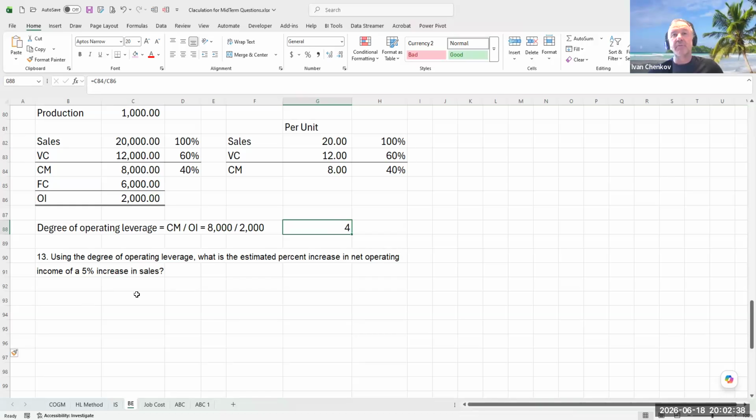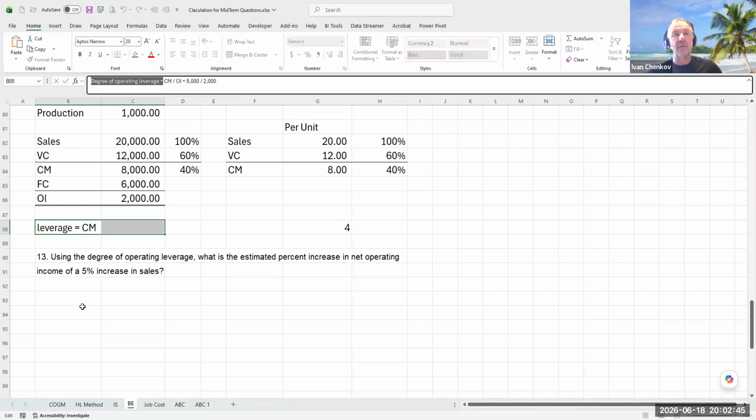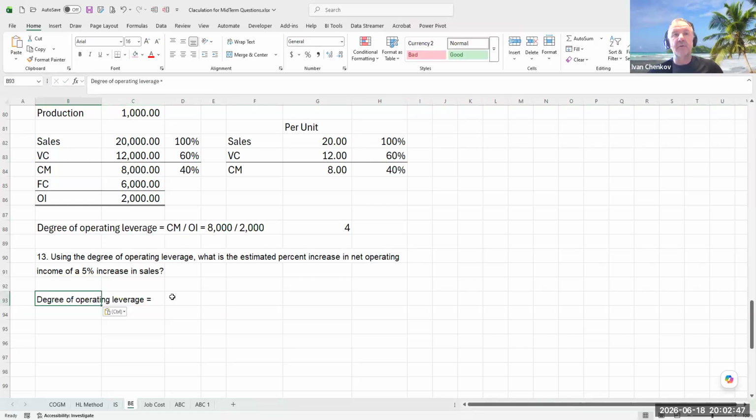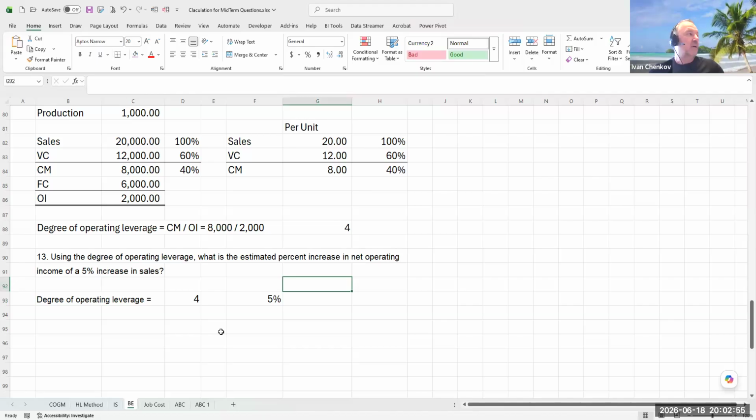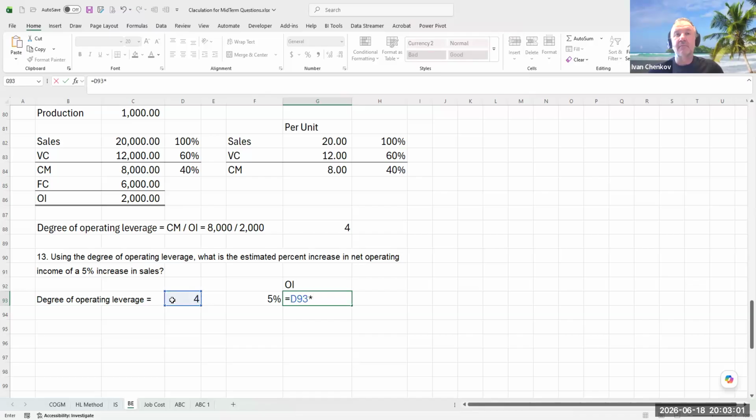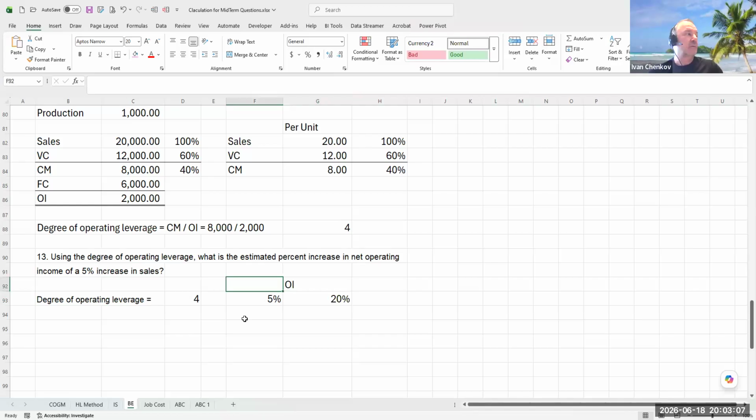Well, using the degree of operating leverage, and that one only, since I know that my degree of operating leverage is 4, if my sales increase by 5%, operating income is going to increase by 4 times 5, or by 20%. That's what's going to happen.